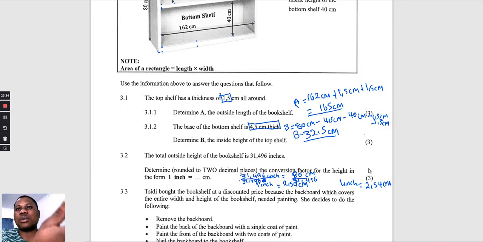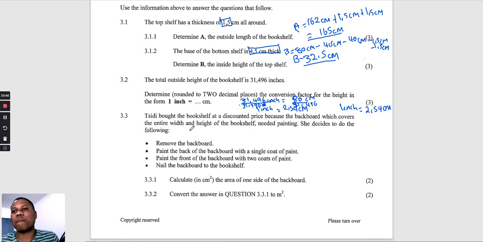Then we go to 3.3. They say CD bought the bookshelf at a discounted price because the backboard, which covers the entire width and the height of the bookshelf, needed painting.